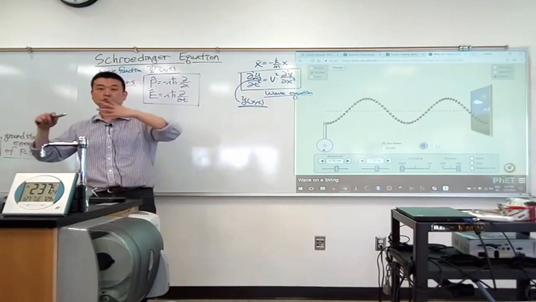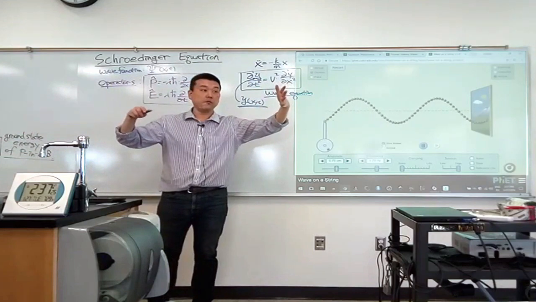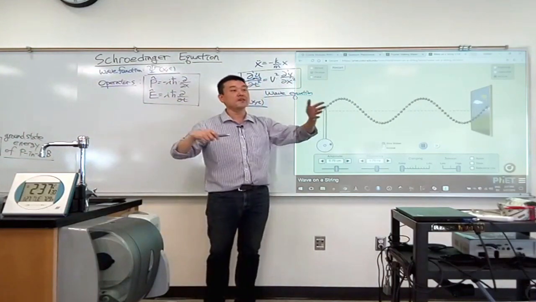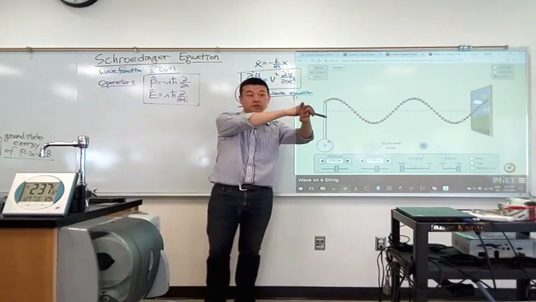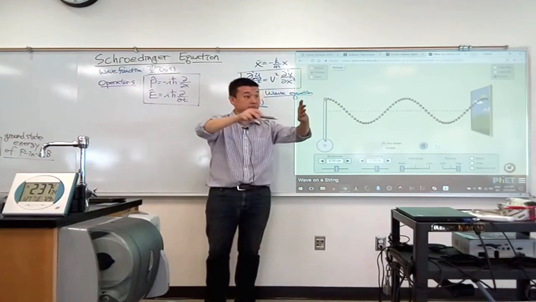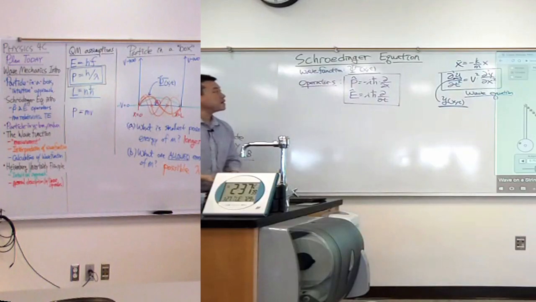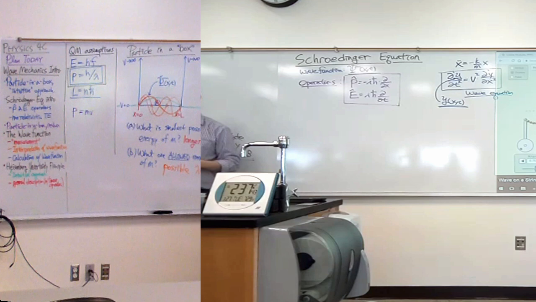A plane wave is where you go far enough away that the wave front varies, or the height of the waving thing changes, only in one direction, and in any other direction, nothing changes. So the plane wave is the simplest possible form of wave, and this is the mathematical expression for it.